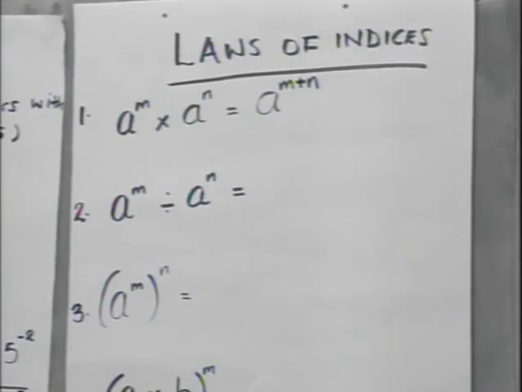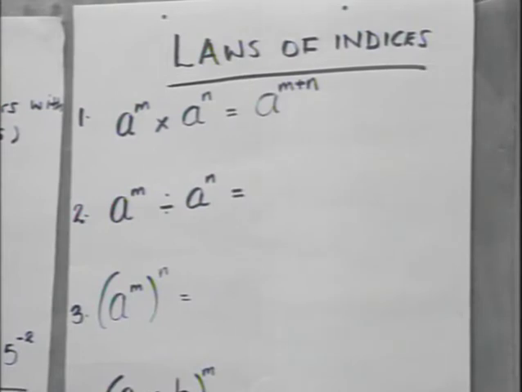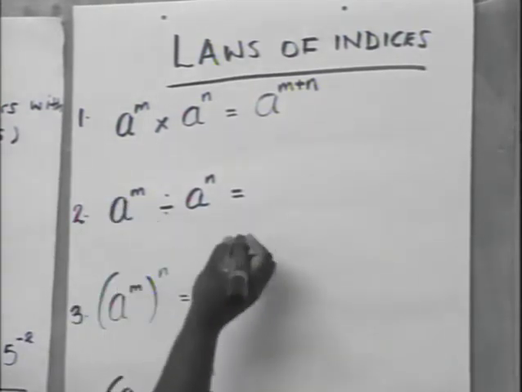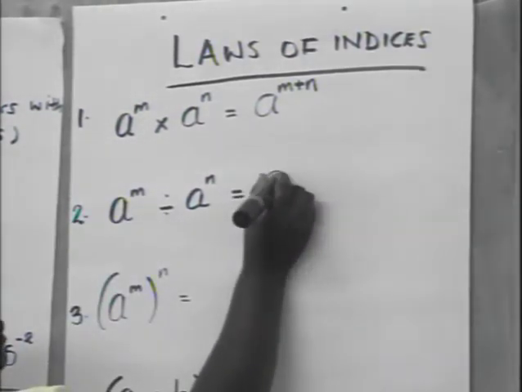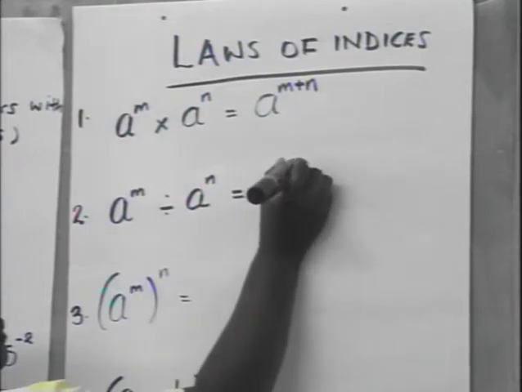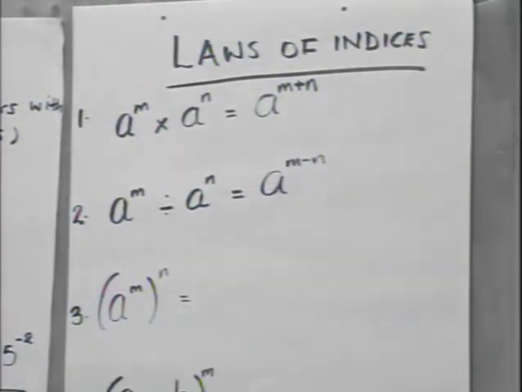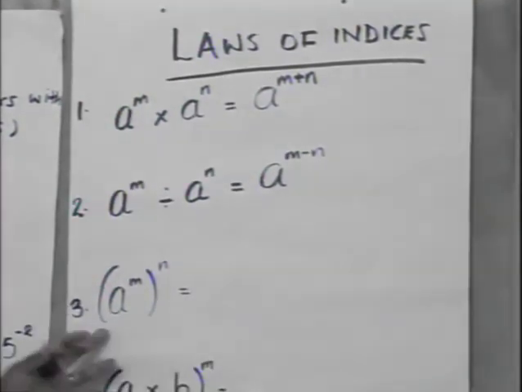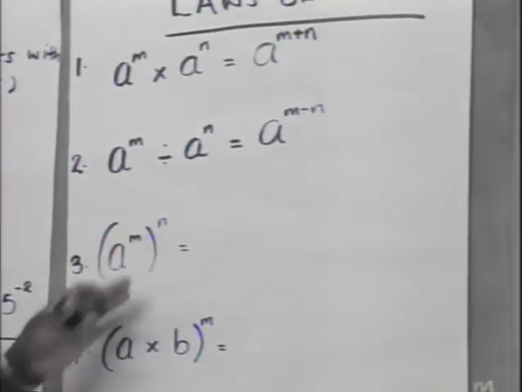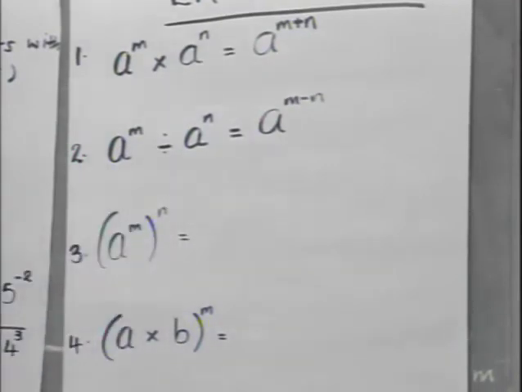Okay, what about A to the power of m divided by A to the power of n? This time you are dividing numbers with the same base. You subtract the indices. So the answer is A to the power of m minus n. Rule number 3, I've got A to the power of m and then raised to the power of n.